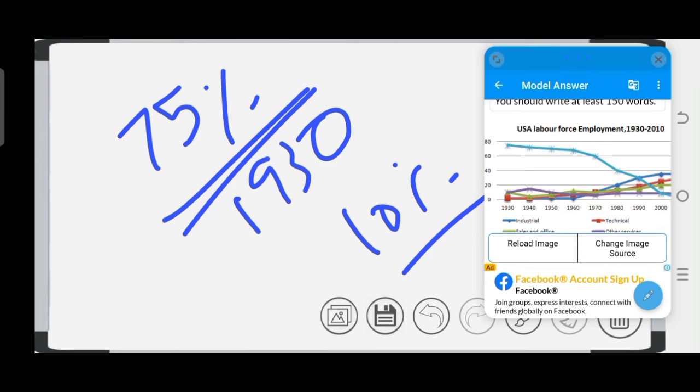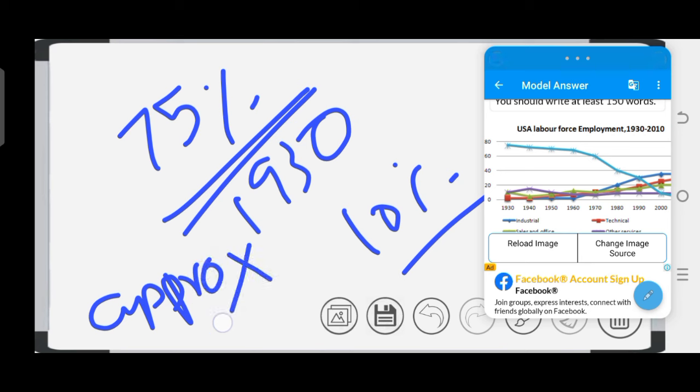We never say that it is actually 80%, we will only say that it is 75% because it's nearby. One word we normally write when we are writing about these graphs is approximately or almost. So in 1930, 75% of the labor force in the USA was employed in farming, fishing and foresting, while only 10%, we can see, worked in sales.